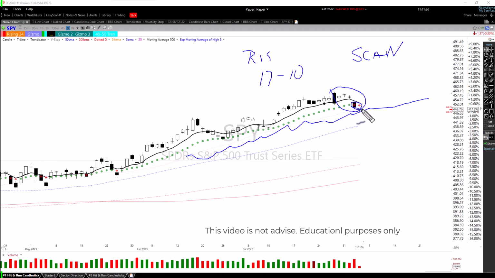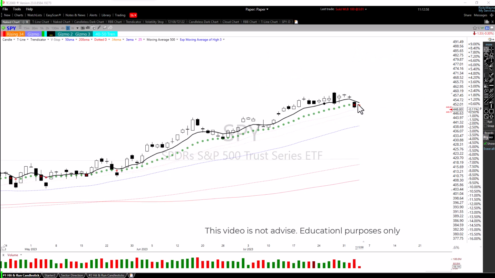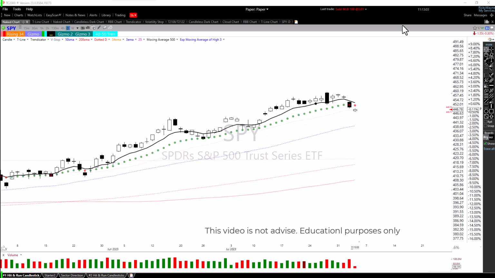And that's what I don't want, because I use that 17 as a buy trigger an awful lot. So this chart would never come up on one of the rising 17 and 10 days. However, it will come up on one of those two moving averages because I have an OR set in there.